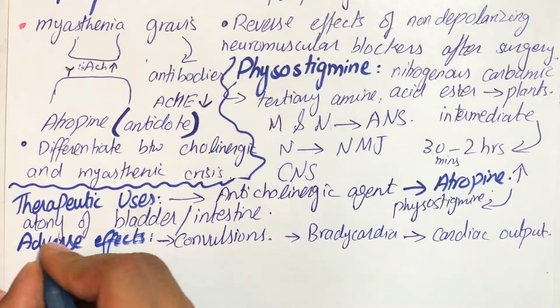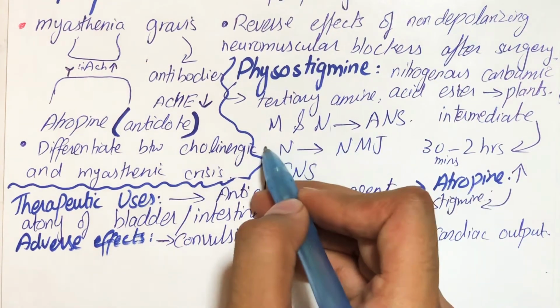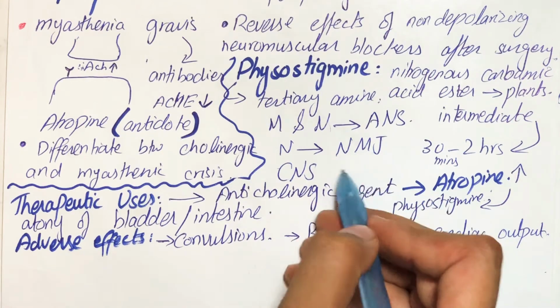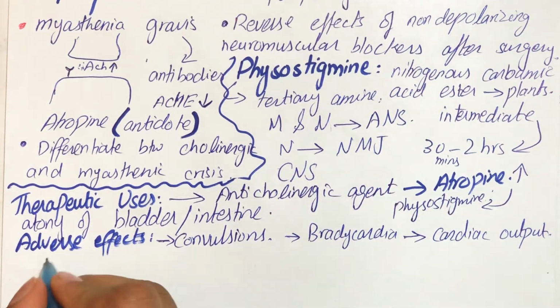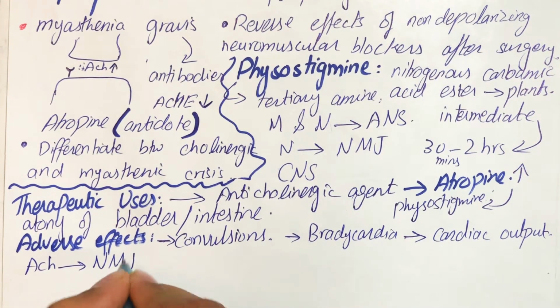So, other than this, as I have told you earlier, it also affects nicotinic receptors which are present on the neuromuscular junction. So what happens when there is increase of acetylcholine at neuromuscular junction?